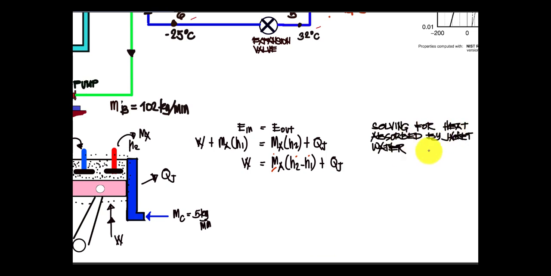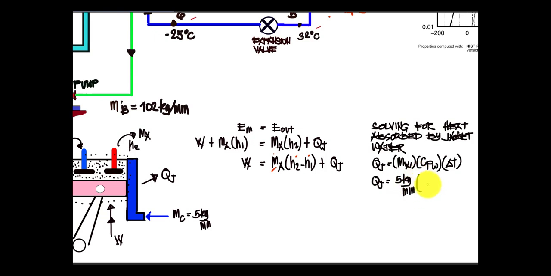Now solving for the heat being absorbed by the jacket water, the equation is equal to the mass flow rate of the jacket water multiplied by the specific heat of the jacket water at constant pressure, then the rise or change in temperature of the jacket water. For the mass flow rate, we have here 5 kilograms per minute.